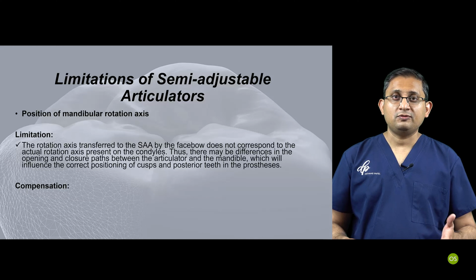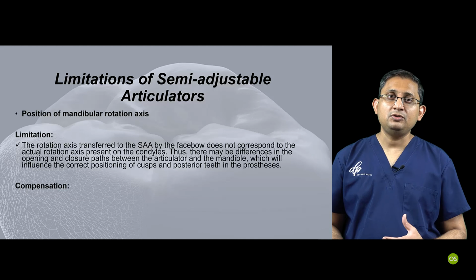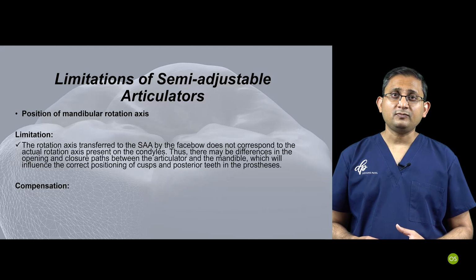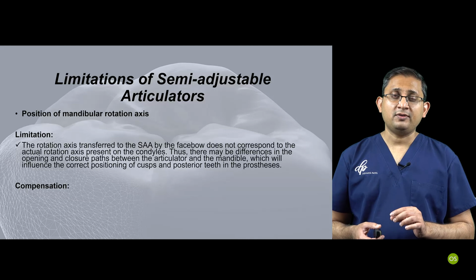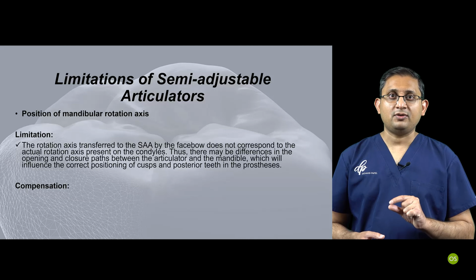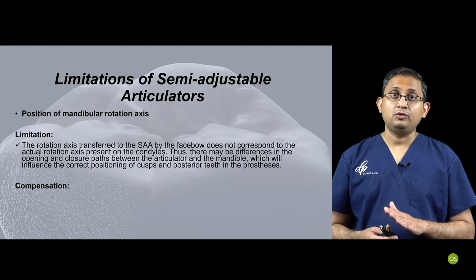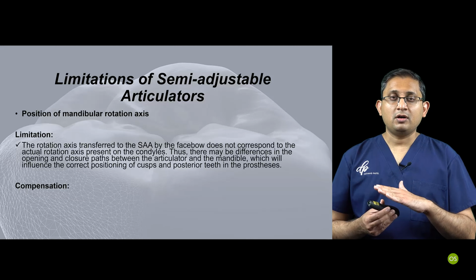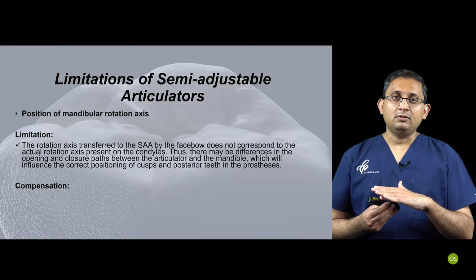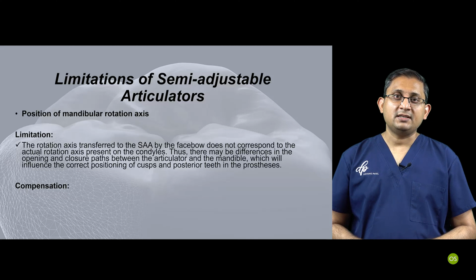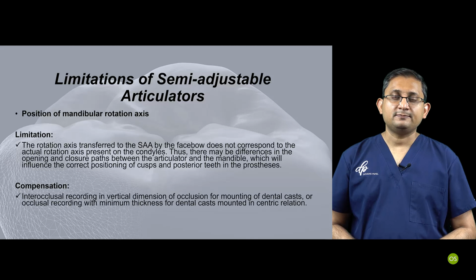What use are you doing, for example for a Michigan splint? Depending on that, you keep the thickness of your interocclusal record to a minimum. Because of that, you don't have to open or close your articulator and can work on the same level where the models were mounted. And this is really helpful in assessing that.